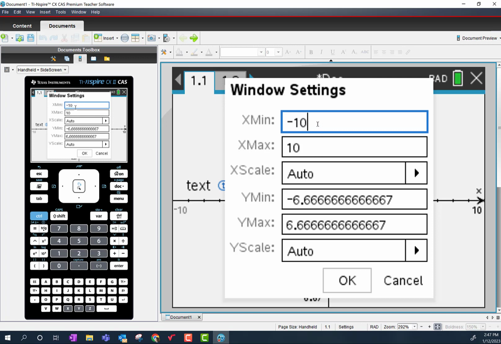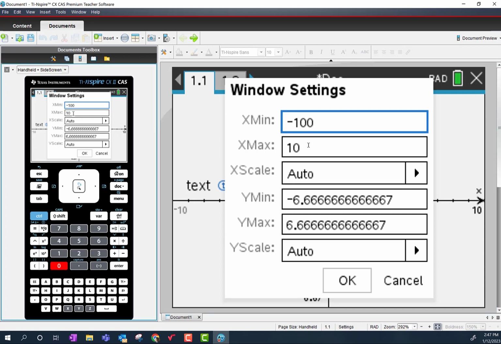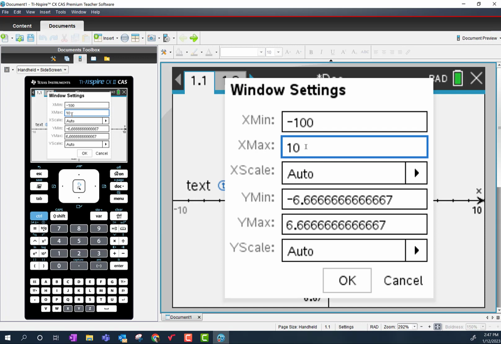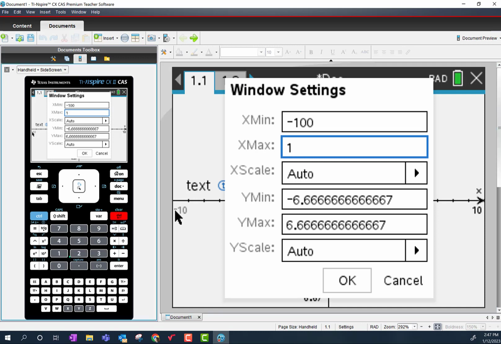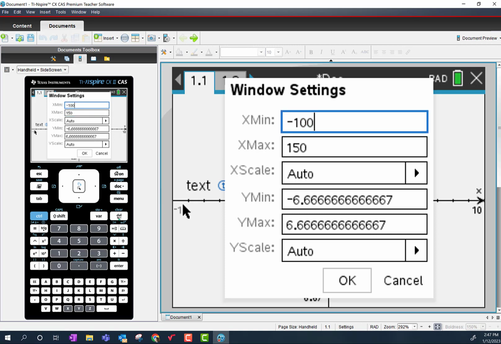So let's see. I want to be able to see it cross the x-axis, so I'm going to set my x max to, I don't know, maybe 150, I'm just guessing. My y max, no, I don't need that.